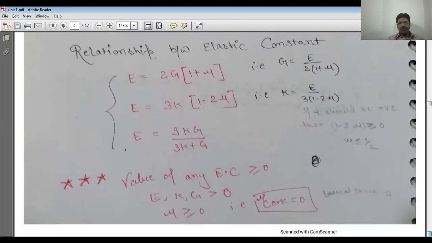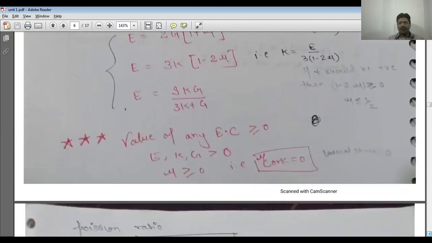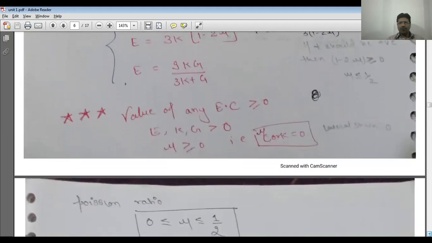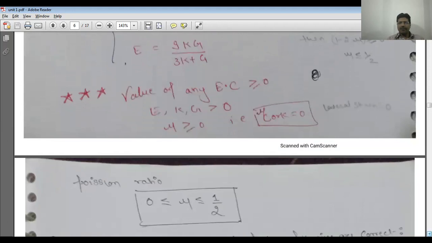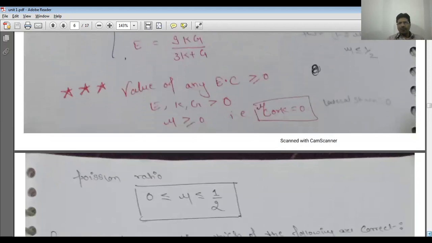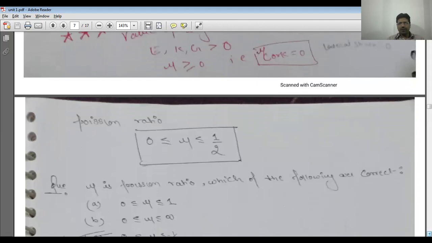The value of any elastic constant must be greater than or equal to 0. It could be 0 or it could be 1, lying between 0 and 1. A number of values are defined. Poisson's ratio is given as 0 to half for a material that is brittle.